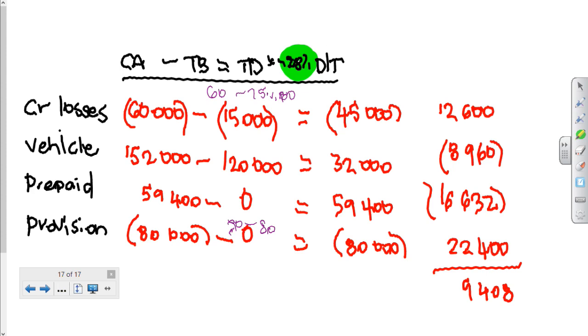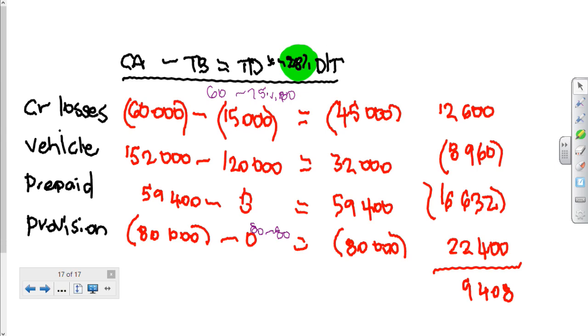So 80 minus 80 is 0. 80 minus 0 is 80. It's a liability, a deductible temporary difference. It's got a minus around it. Yeah? It's a future deduction. And so a deductible temporary difference results in an asset, 22,400.